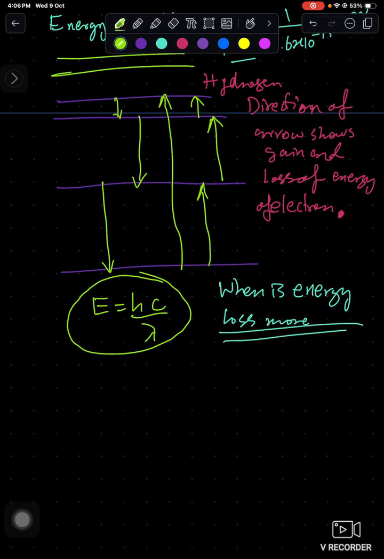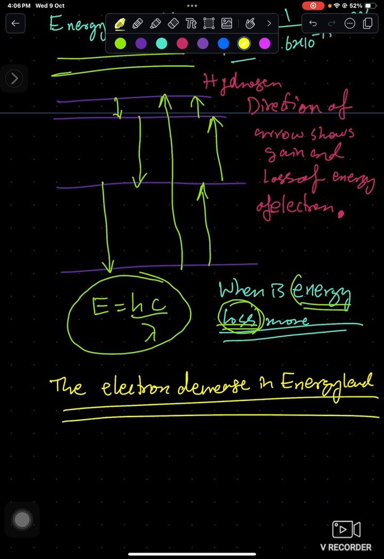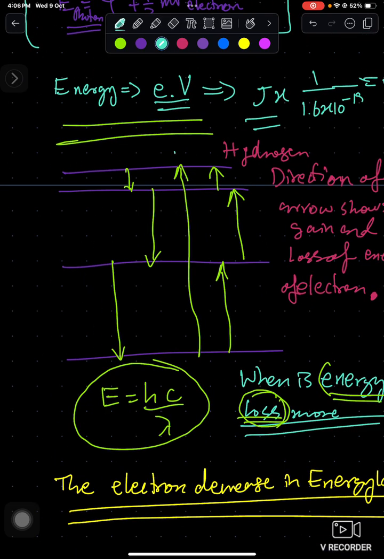When I talk about this, the key point is energy loss, because the word loss shows that the electron decreased in energy level. So it cannot be the ones which rise in level, it has to be one which decreases in level.